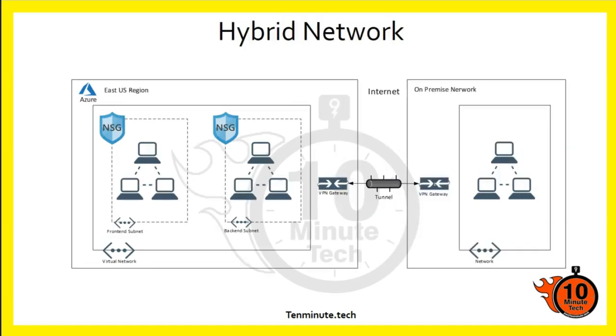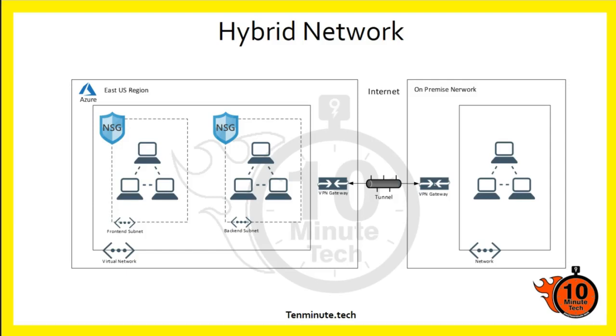Our final example is a hybrid network, and this is essentially taking an Azure virtual network and connecting it to an on-premise network or your on-premise data center. This is a pretty popular option right now, as there's a lot of data that's going to have to reside in a legacy data center, and that can be through regulatory reasons, or perhaps there's an application that's not going to be able to be adapted well to a cloud environment.